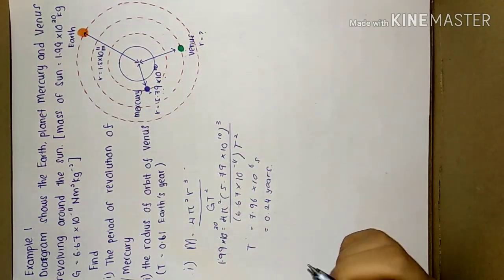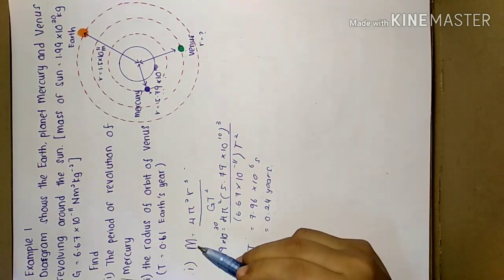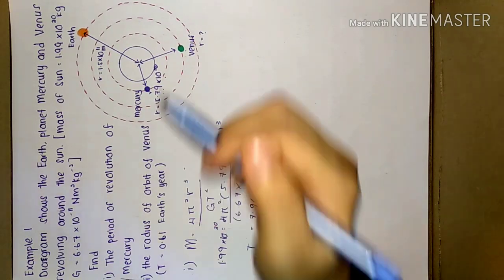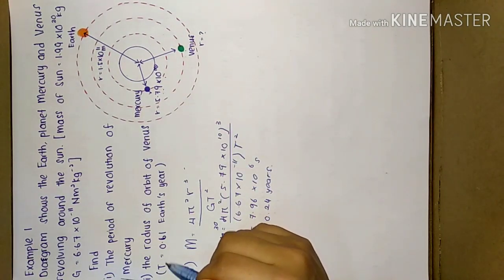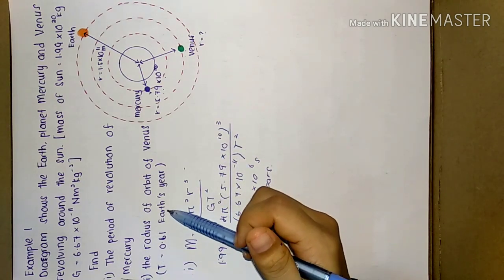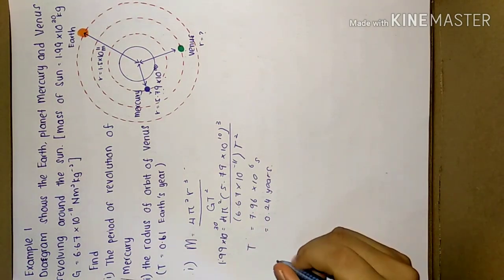Let's answer the second question, which is the radius of the orbit of Venus. You want to find the radius of Venus. The period for Venus is given as 0.61 of a year. It is given in years, so we have to change the year to seconds.